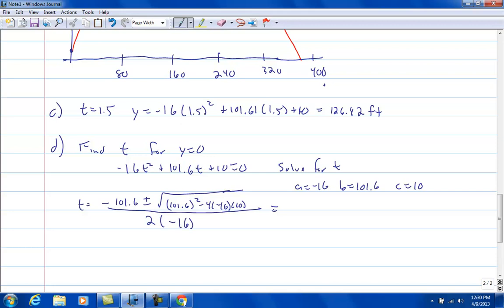Get the part under the radical: 101.6 squared minus 4 times negative 16 times 10.